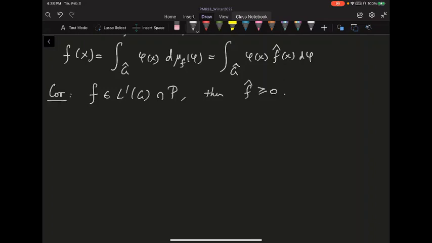So this is essentially very quick. By the Bochner theorem, you know that because your f is inside P, your mu_f is greater than or equal to 0, but your mu_f is equal to the f hat times the Haar measure. The Haar measure is positive, so your f hat has to be positive. Okay, so that implies f hat is non-negative.